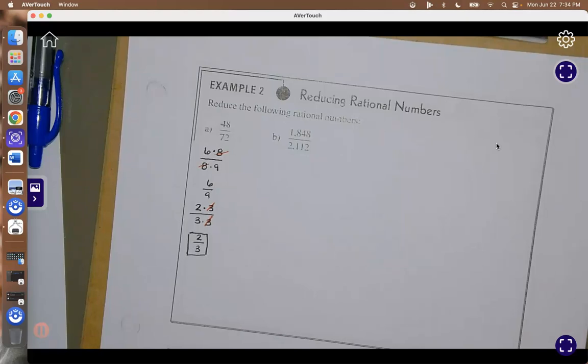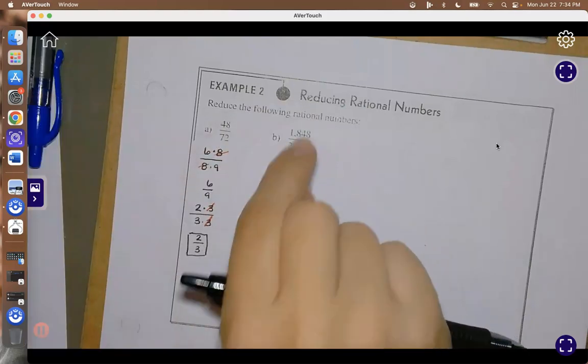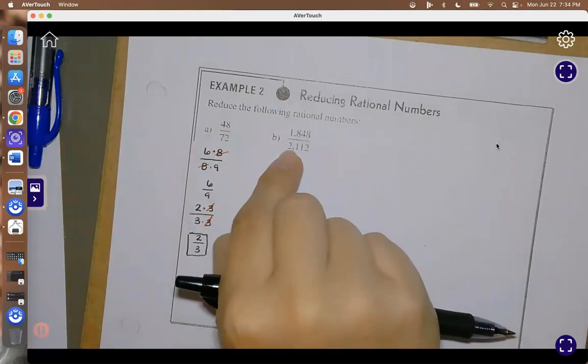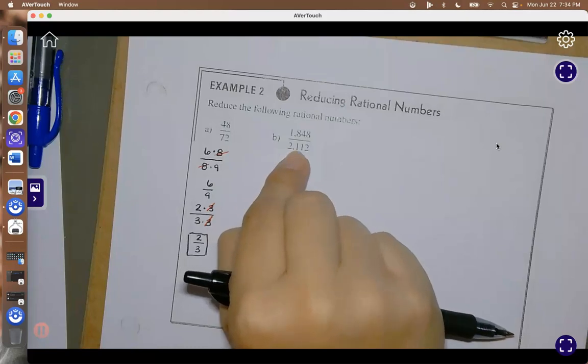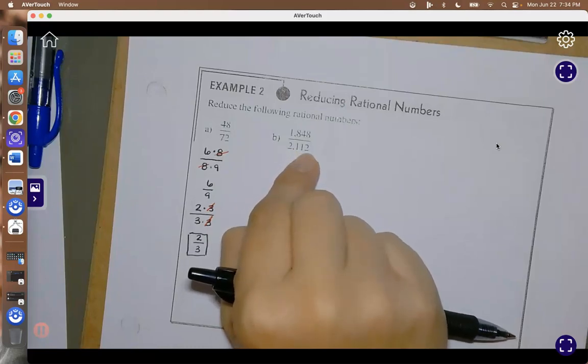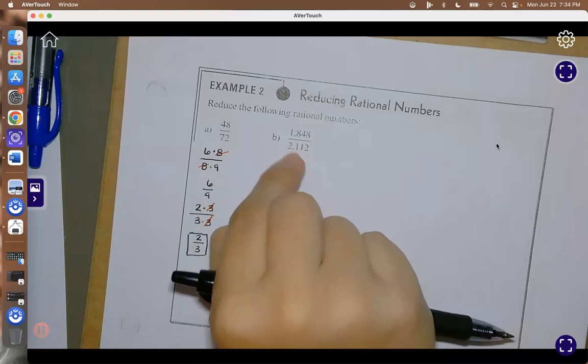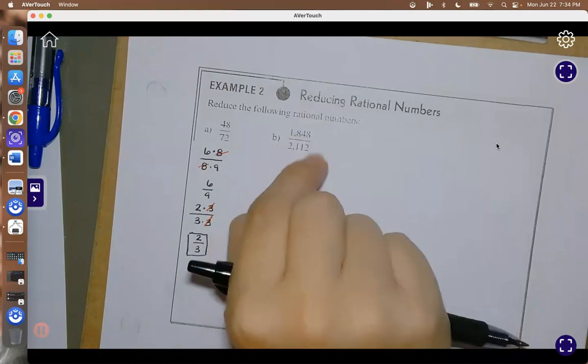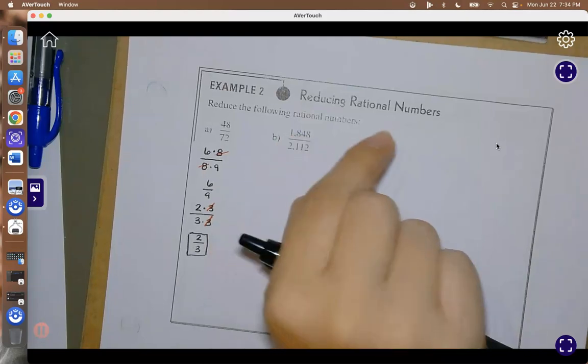Excuse me, I can't add today. So 3 will go into it, but 9 will not. 2 will go into it, so 6 will work. Let's see if this will work with 6 as well. 2, 3, 4. 4 plus 2 is 6. So 6 will work here as well, because 3 and 2 both go into it.